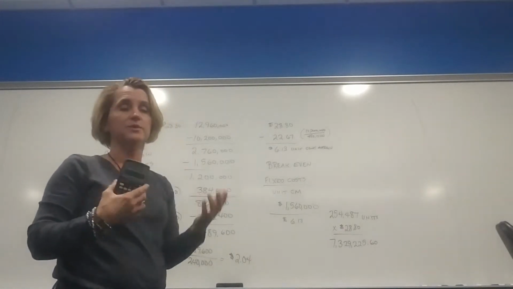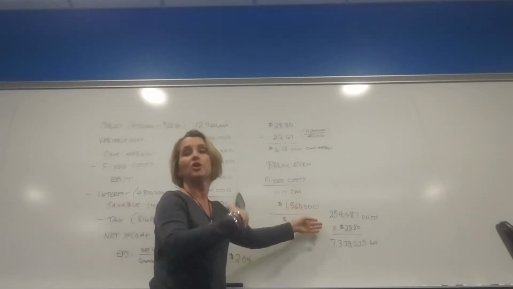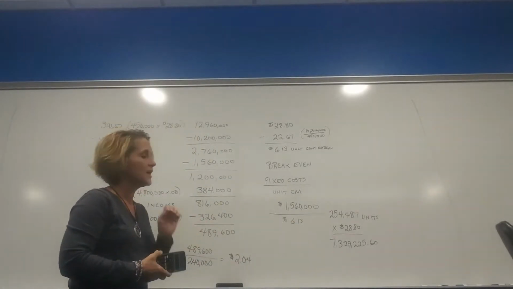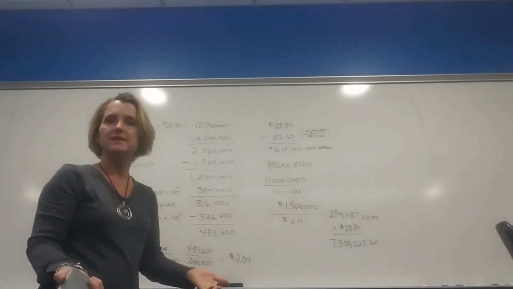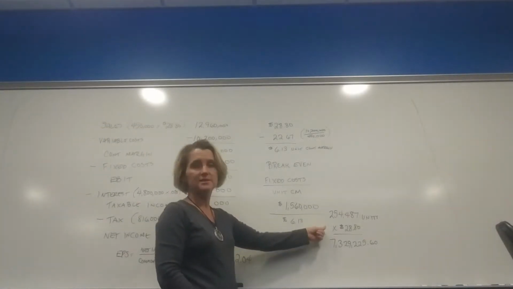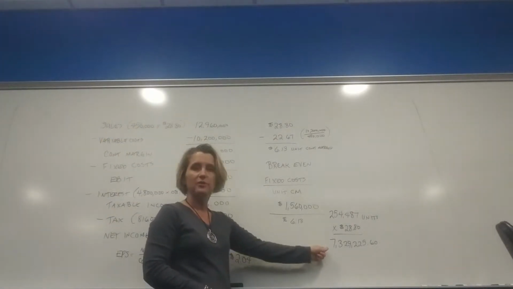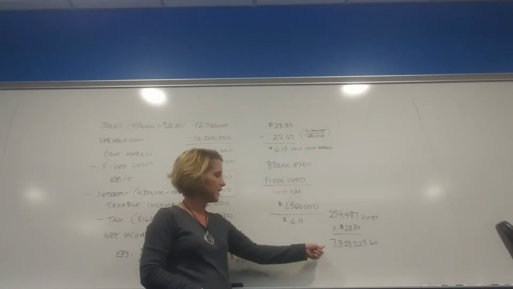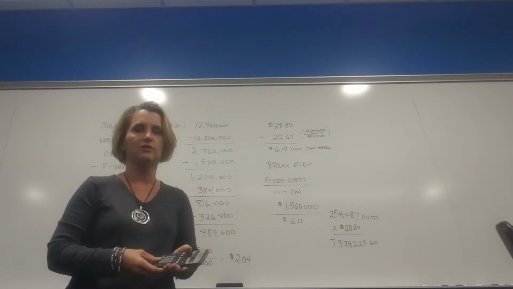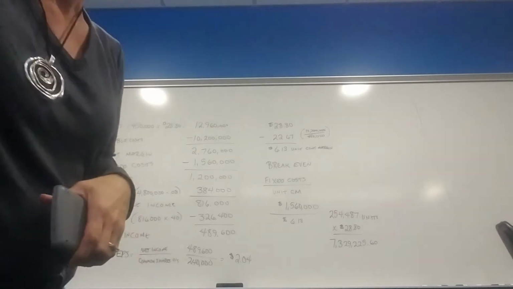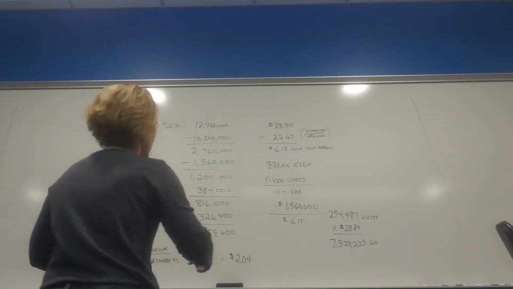We can't sell a partial unit, so we have to go up to the next unit and say, okay, that's how many we need to sell. Then the problem will say, well, what is that in sales dollars? So the easiest thing to do is just multiply it by the unit selling price, and then we get it in sales dollars. So we would have to sell $7,329,225. And then that would be our break-even point.